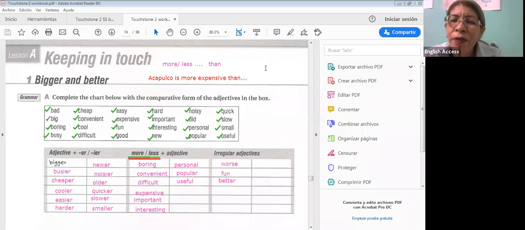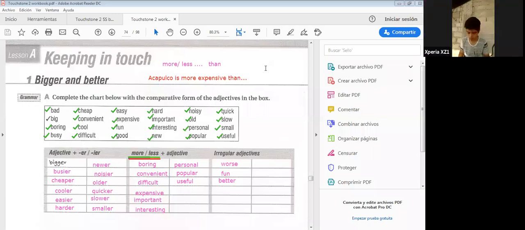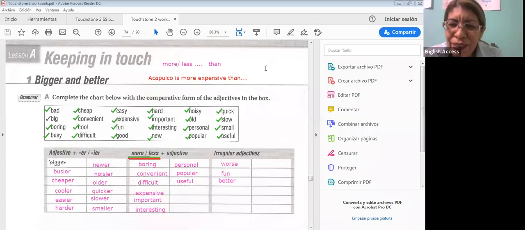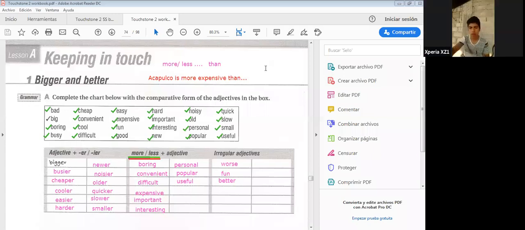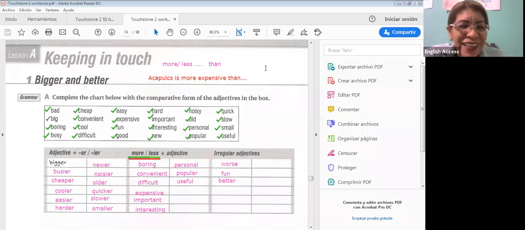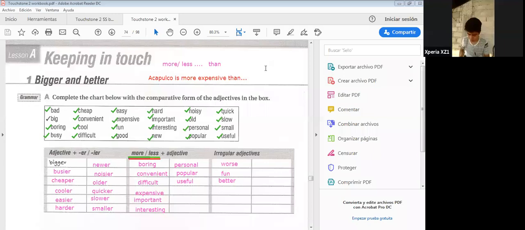Pay attention to the word hot. Is it a long or a short adjective? Hot. Hotter. Yes. Okay, so one more time. Mexico more hotter Canada, or hotter. Mexico is hotter than Canada. Okay. Yes. Another example, Julio?